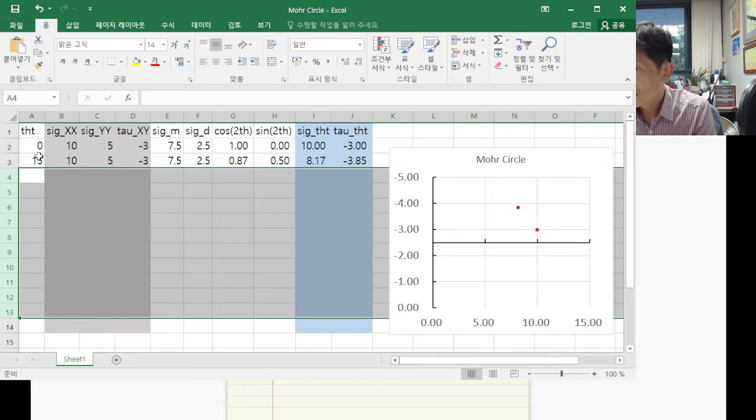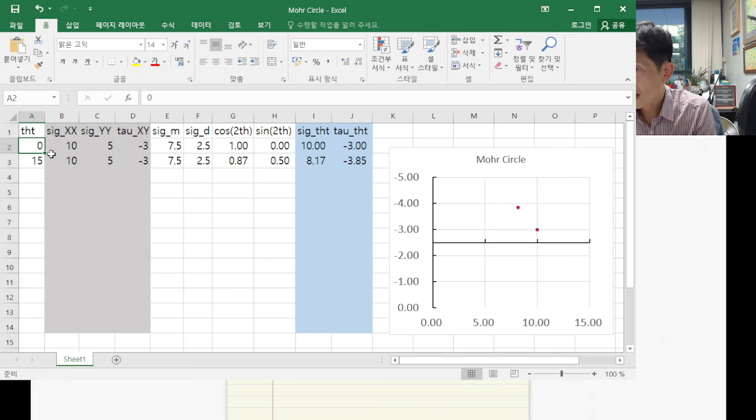Okay, so initially when angle theta is equal to 0, then it corresponds to sigma xx equal to 10, and then my shear stress is equal to minus 3. So it is placed here. And then here, 10 and minus 3.